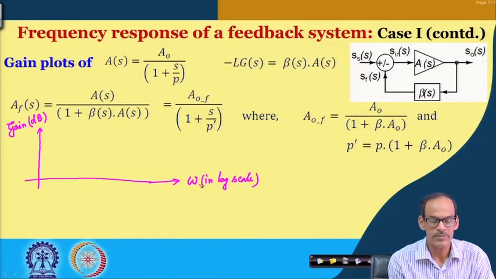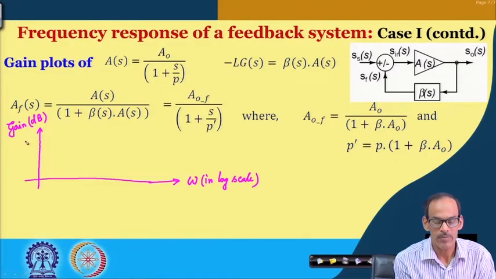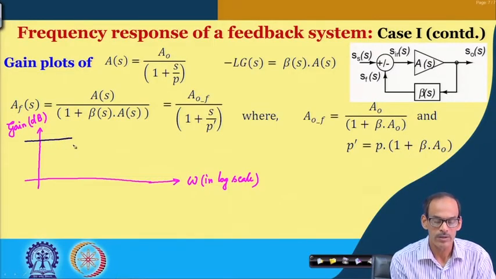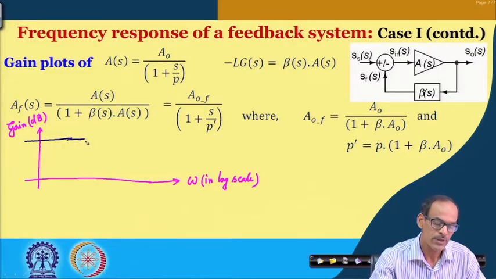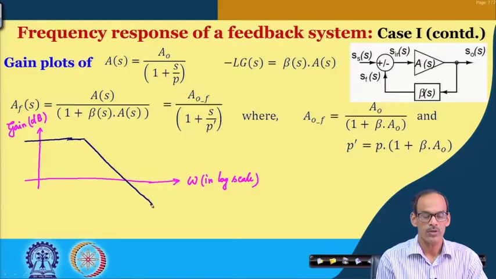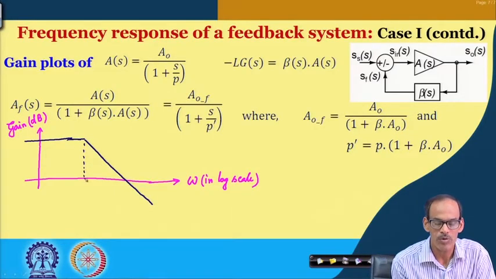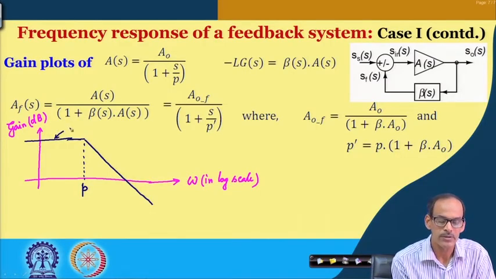So, if I consider this plot, to start with, let us consider A. A has a low frequency gain A naught, of course converted into decibels, and then it has a pole, and beyond that it has a roll off like this. So, we do have a pole here, P, and this is 20 log A naught, or simply A naught converted in dB.